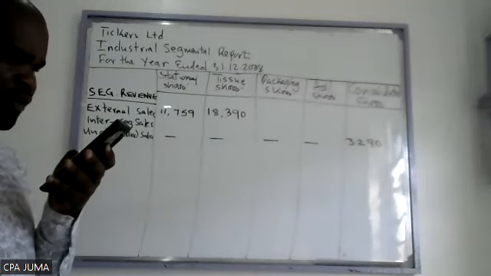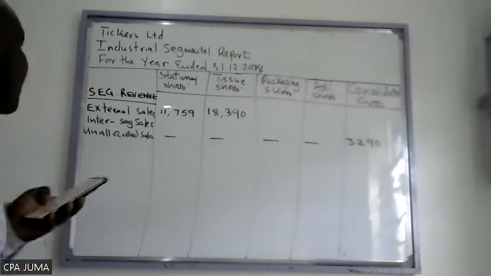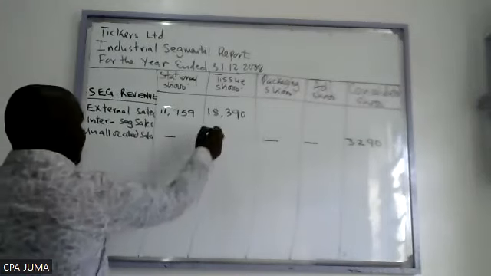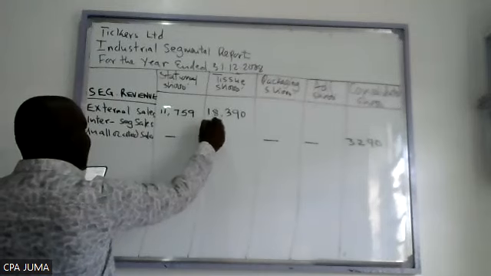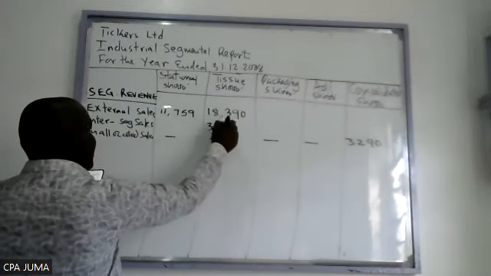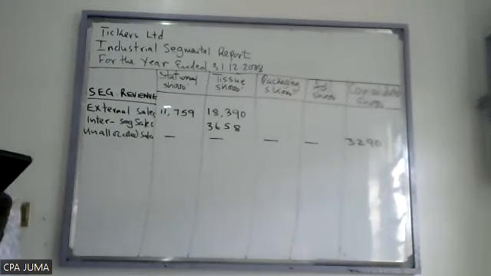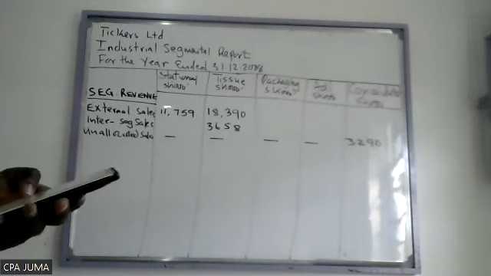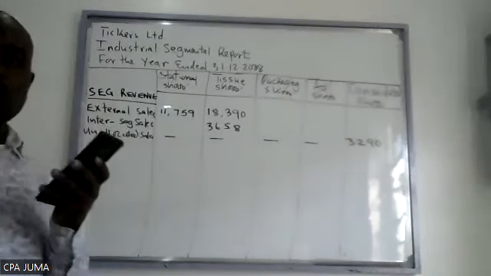Sales by the tissue division to other group members. Other group members is intersegment here. Confirm if it is 3658. If so, then we proceed.